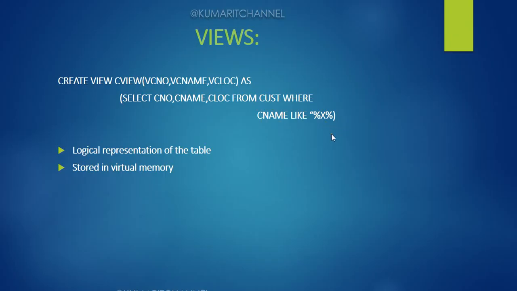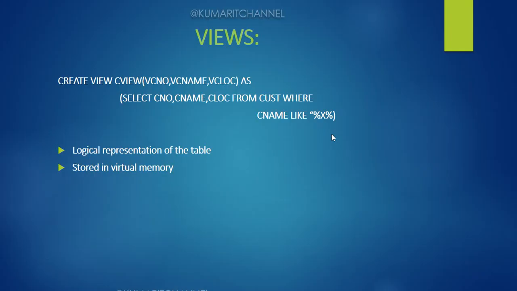Let me explain a scenario. If you're working in an organization, you'll have different departments, and let's say an employee database is there: employee name, salary, age, phone number, everything is there. Let's say the accounts department, HR department, finance department, or technology department.